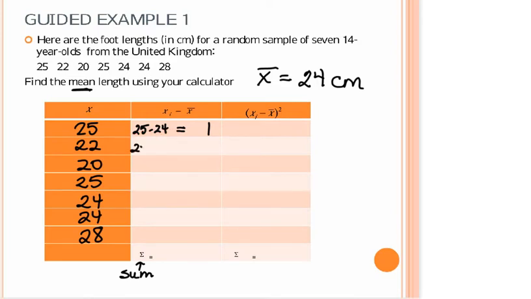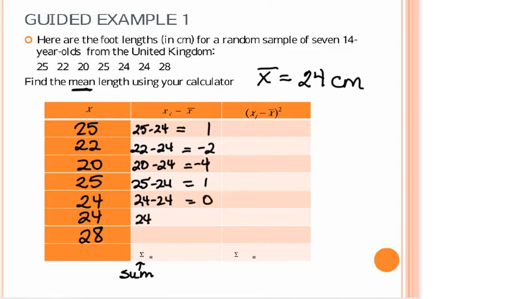So here we go, 22 minus 24. Now notice we have a negative 2. We're in a negative value. 20 minus 24, another negative. 25 minus 24, 1. 24 minus 24, 0. 24 minus 24, 0. And 28 minus 24 is 4.